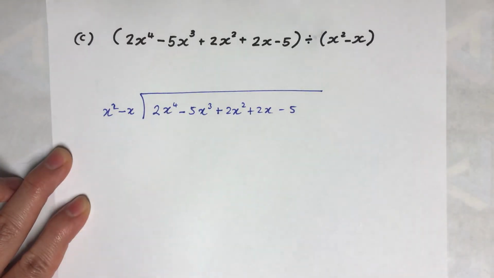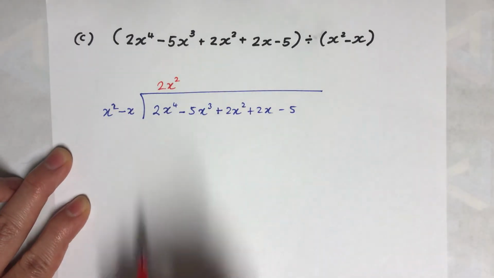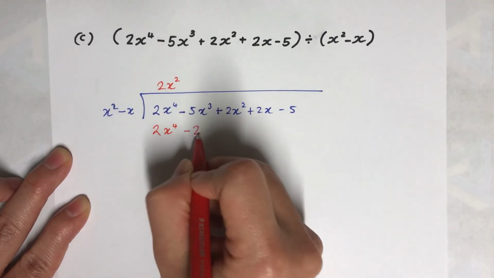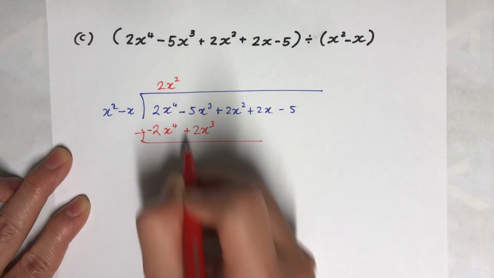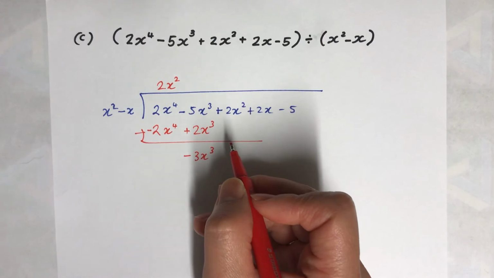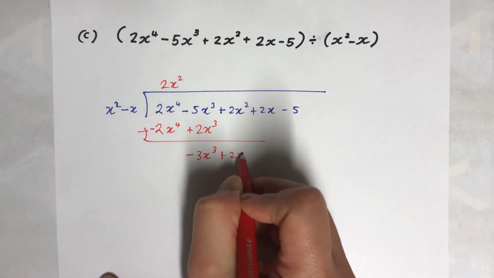Okay, here I've got 2x squared. So if I times it, I'll get 2x to the power 4 minus 2x cubed. Minus, will be minus there, plus. So I'll get minus 3x cubed. Alright? And then I'm going to bring the other one down, so it'll be plus 2x squared.